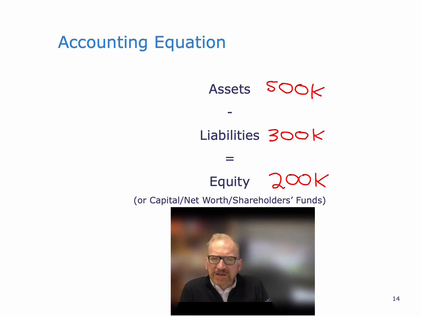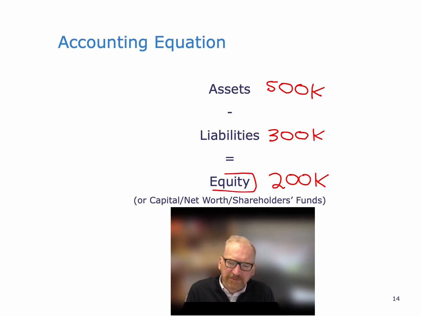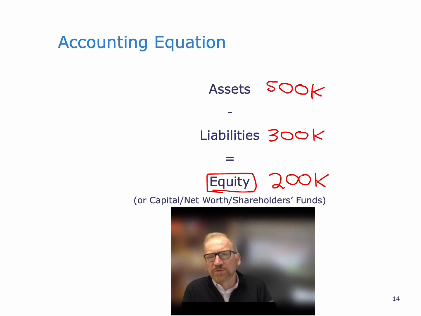So what does this mean? Well, it means the bit that belongs to you. And it's the same in a company's financial statements. Equity is the bit that belongs to the owners of the company, the shareholders of the company. And that's how the statement of financial position works. It gets a bit tricky down here because every year we have to update the equity with what goes through the profit and loss account.